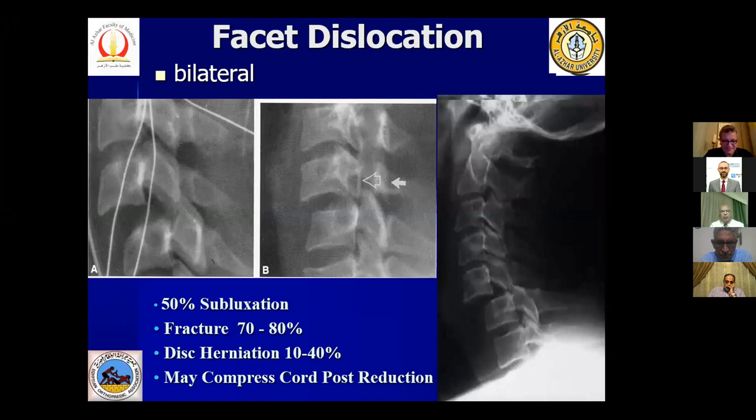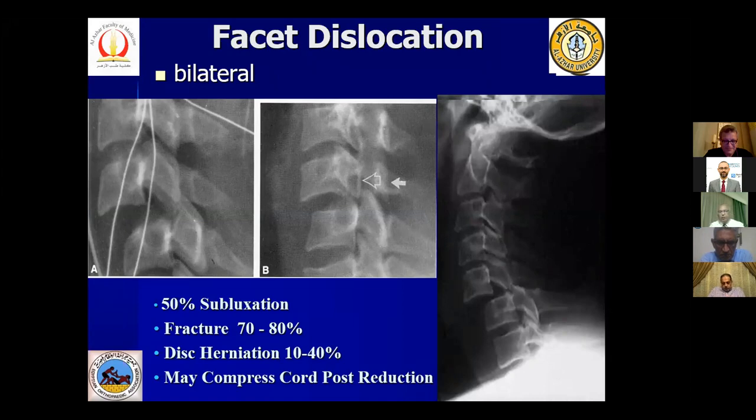The 50% subluxation indicates unilateral facet dislocation, or a fracture at about 70 to 80%. This herniation occurs for this facet by about 10 to 40%, and may compress the spinal cord.